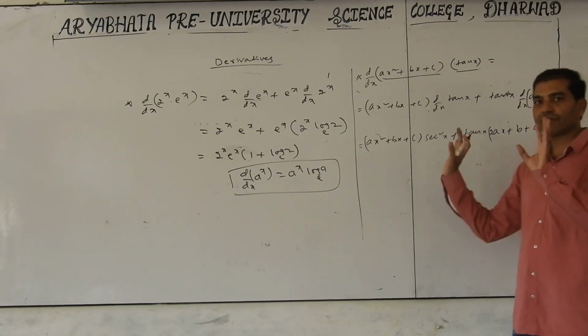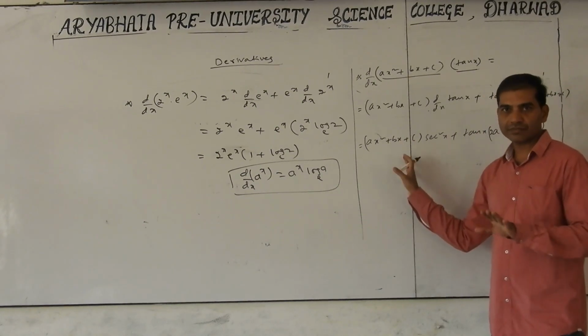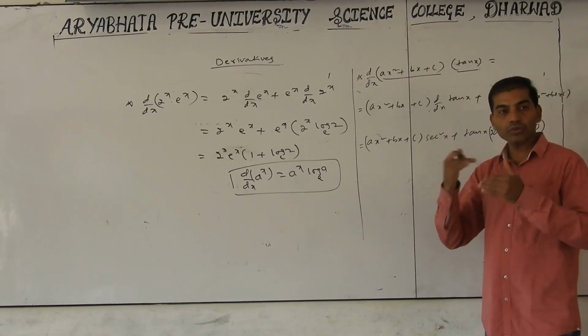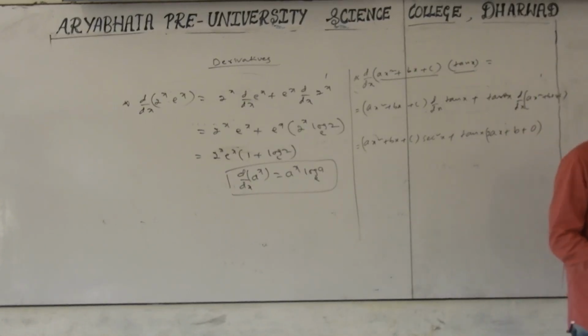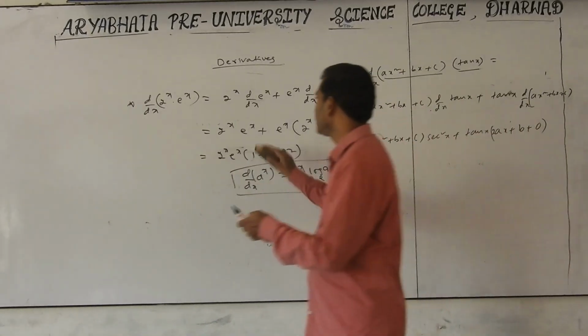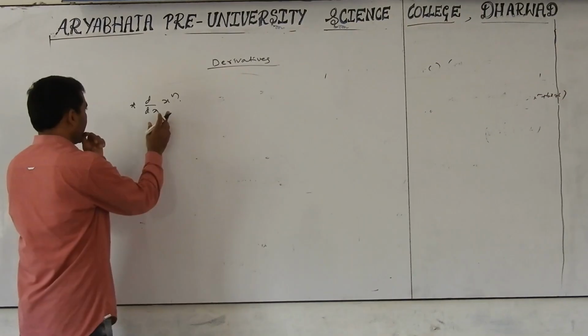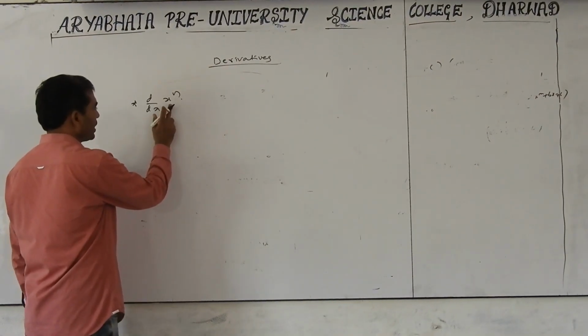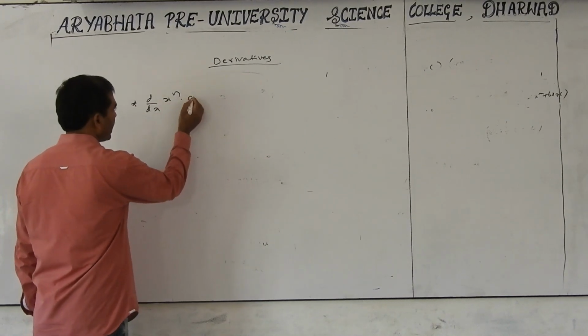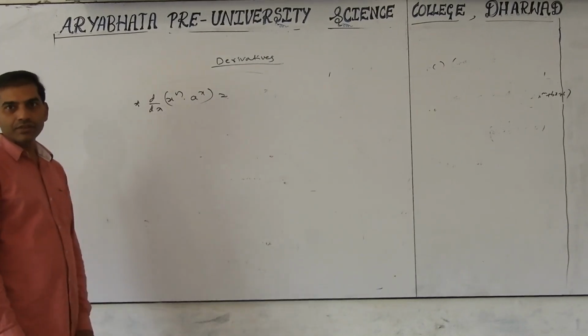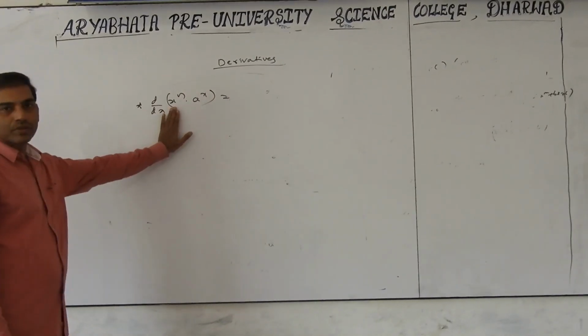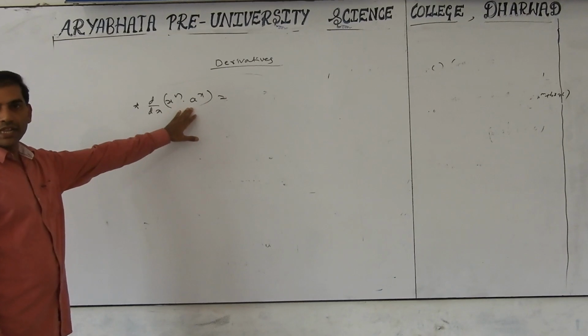Differentiation, first you learn the differentiation. Simplification later, by multiplying we get it. How to do differentiation is important. Okay? D by dx of x raised to n into a raised to x. Here u is x raised to n, v is a raised to x.